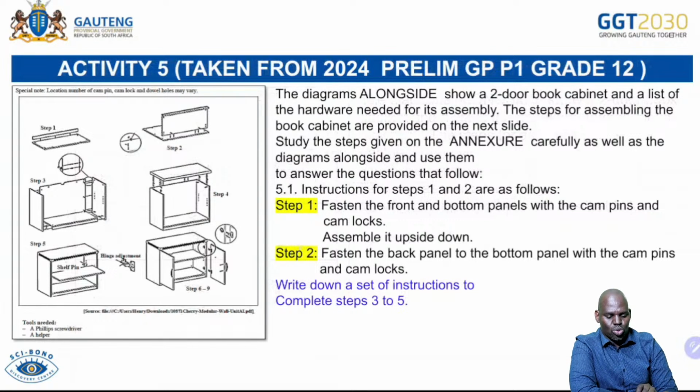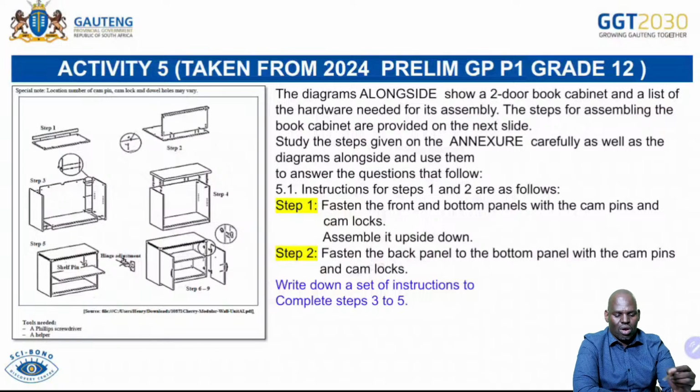And then step number 2, they say fasten the back panel to the bottom panel with the cam pins and cam locks. They've indicated the pictures and also the explanations of the steps. This is step number 1 and this is step number 2.